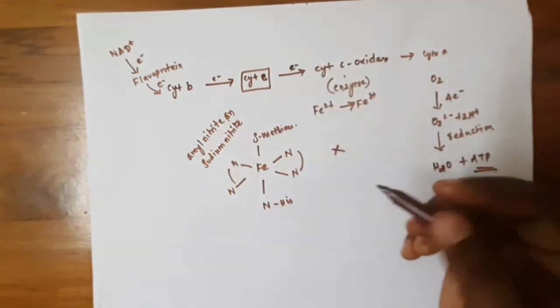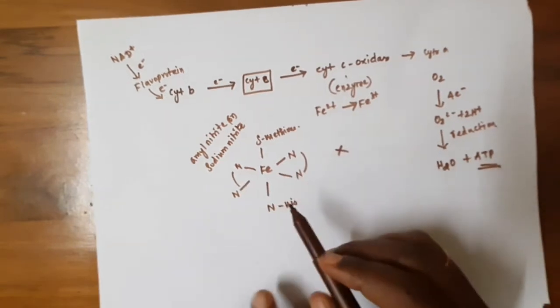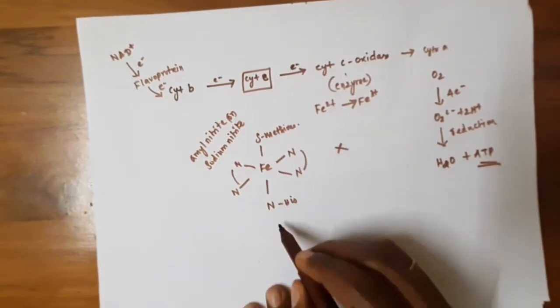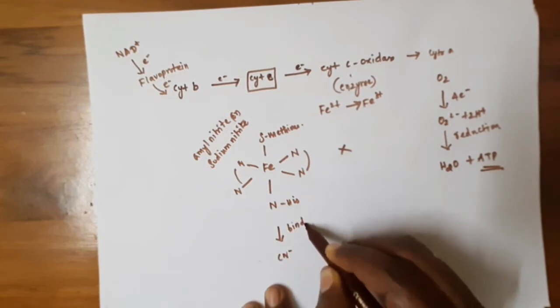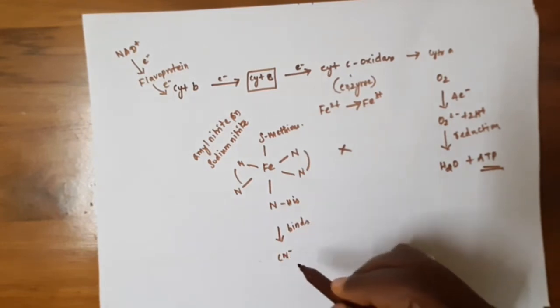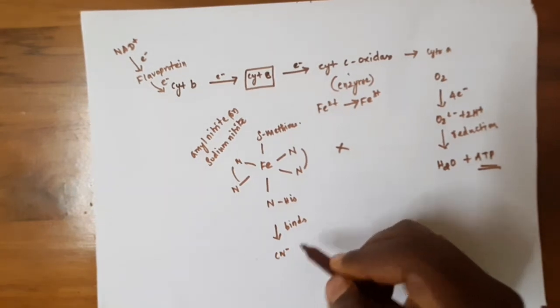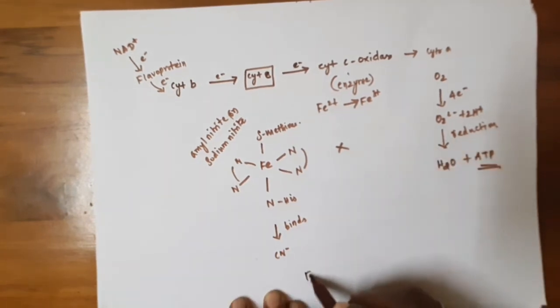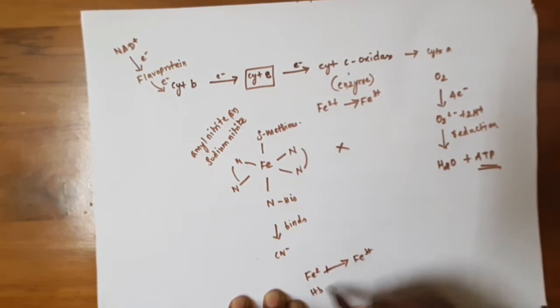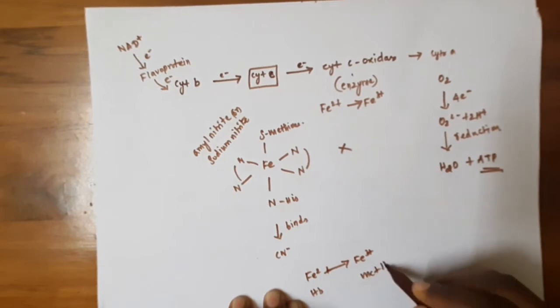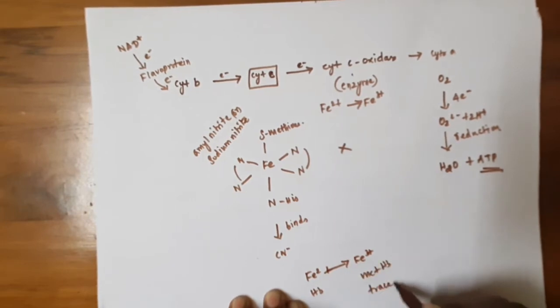So as soon as it is given, it binds the cyanide ligand. As soon as it binds the cyanide ligand, it can facilitate Fe2 plus to Fe3 plus, which is hemoglobin to methemoglobin in the trace level.